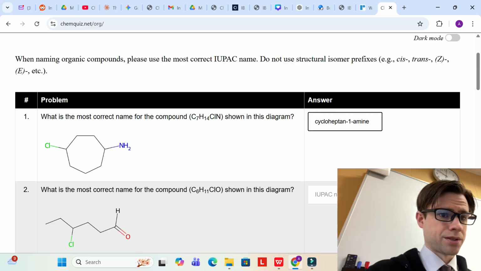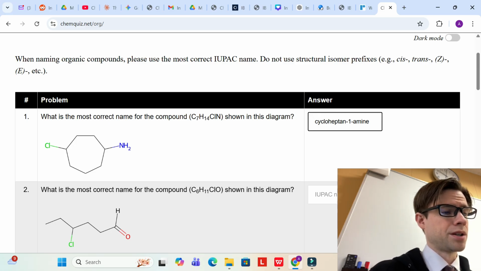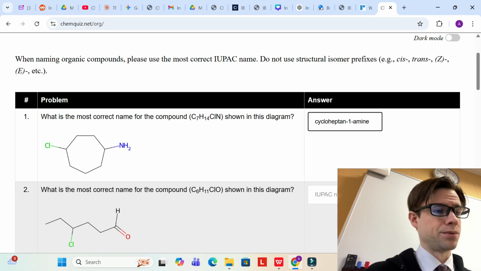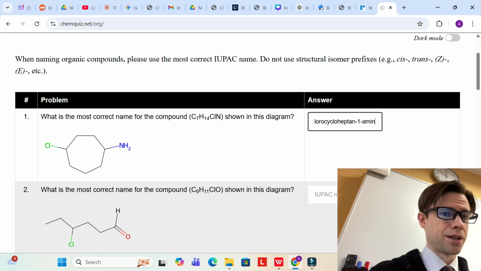That will be the suffix, and then prefix. If that's carbon 1, I'm going to start counting around the top of this ring. 1, 2, 3, 4. That chloro group must be on carbon 4: 4-chloro, cycloheptan-1-amine.